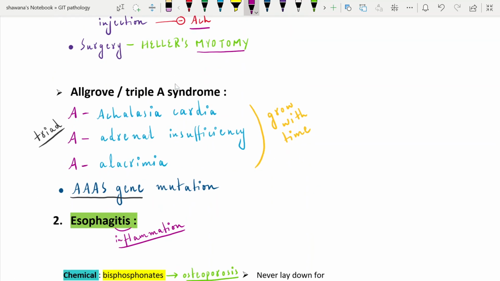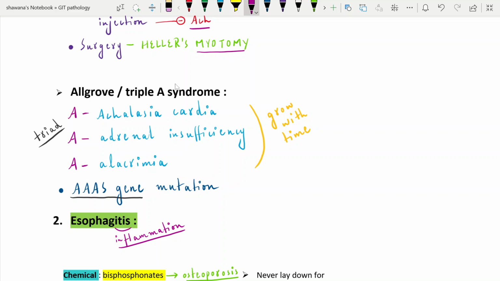When we are talking about achalasia cardia, there is a syndrome known as Allgrove syndrome, also known as triple A syndrome. Here, the triad of A's is present, and achalasia cardia is one of them. So why not discuss this? It's a triad, which means three things are present in this syndrome. First, A is the achalasia cardia we have mentioned. The second is adrenal insufficiency, and the third is alacrimia.